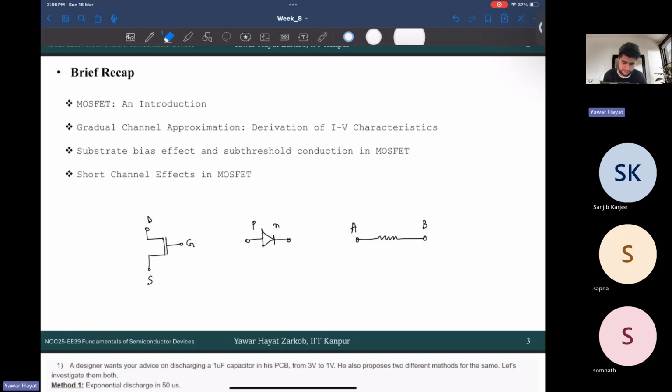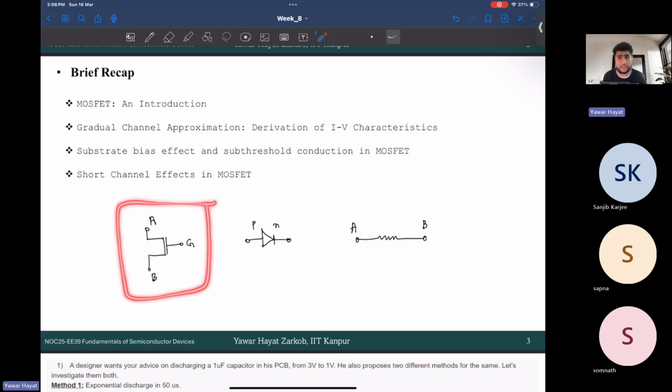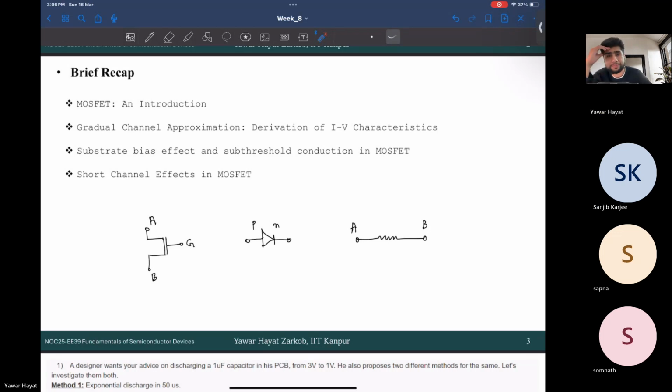Okay. So what I'll do is, instead of writing drain and source, why don't I write it as A and B? Okay. Is this device now symmetrical? Yes, sir, symmetrical. Due to what? Due to absence of gate, sir. No, absence of gate.